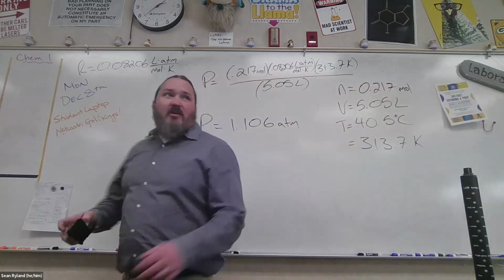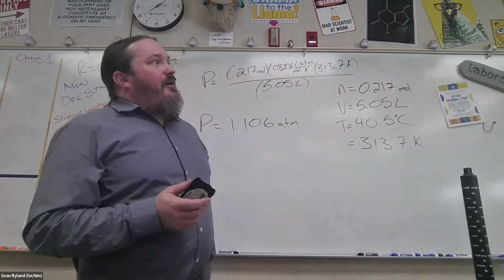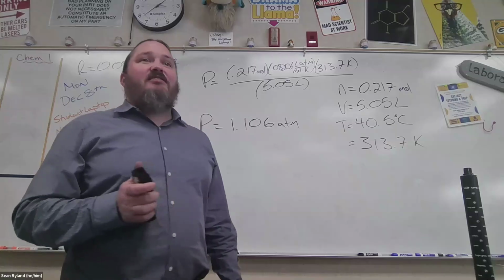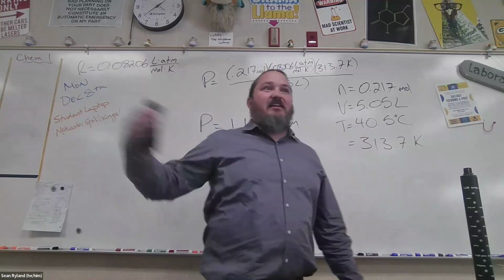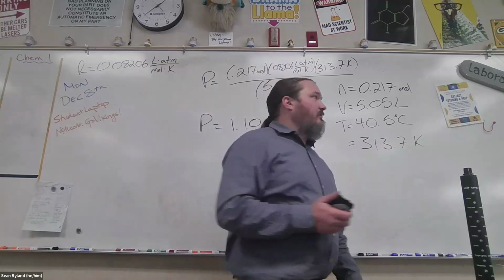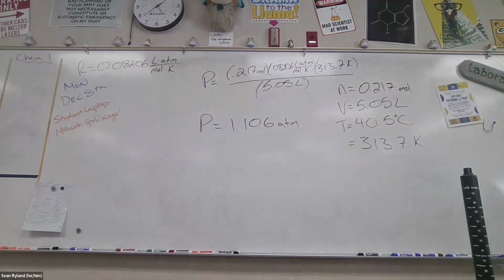Most gases are at 1 atmosphere, which we chose to be 1 atmosphere because that's normal pressure, right? And then they made 0 Celsius standard temperature for a couple of reasons, one of which is that it's really easy to convert from 0 Celsius into Kelvin.